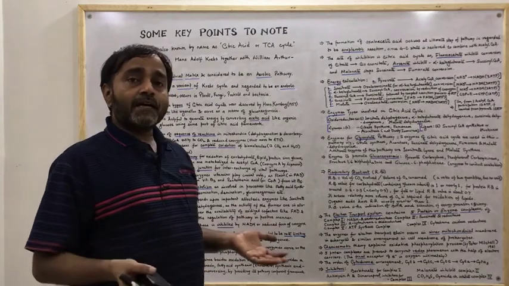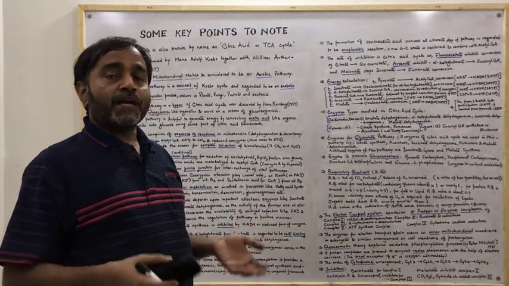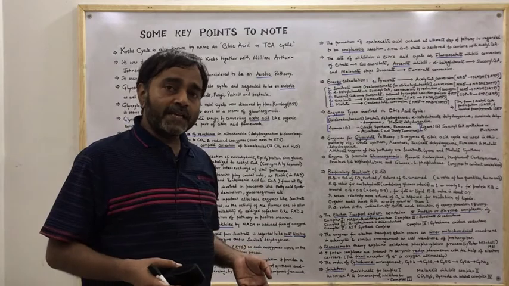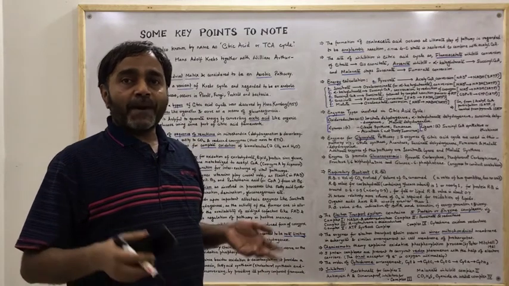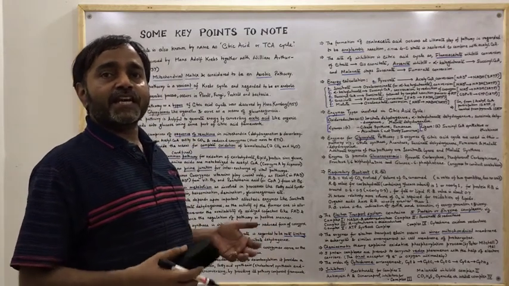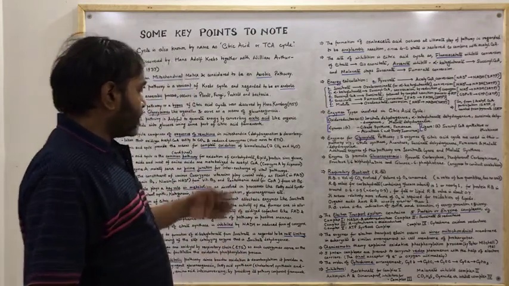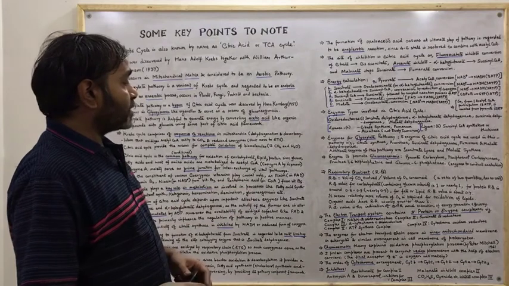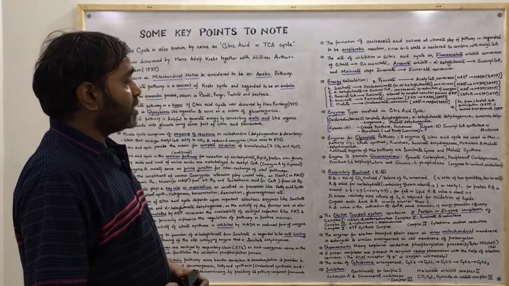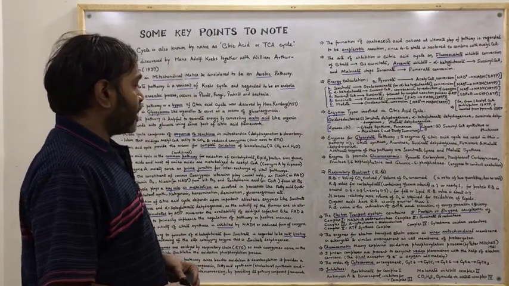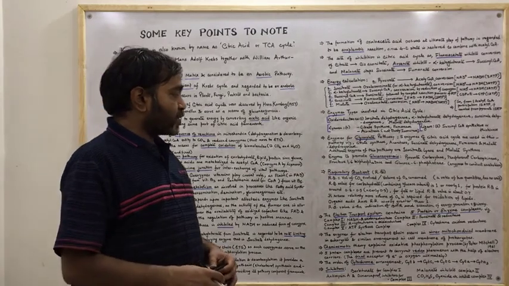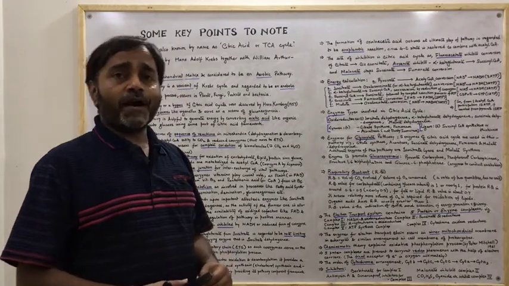The energy generation occurs there, because we know that a proton gradient is formed across the inner mitochondrial membrane, and at the end, by the backflow of the protons, energy is generated. So that is the main concept. Now we will see the next point. The enzymes for the electron transport chain occur in the inner mitochondrial membrane in eukaryotes, and a similar arrangement is found in the cell membrane of prokaryotes.